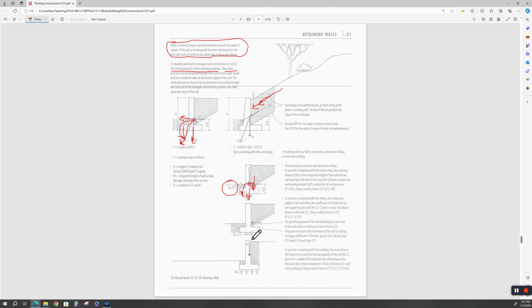Another part of this is, will this thrust, this horizontal force, make this foot slide that way? We know it wants to overturn it, make it flip over. But will it also make it slide? Well, we've got the resultant force of how much dirt is on the other side, the non-heavily loaded side of the wall, pushing against it, plus the soil friction on the footing.